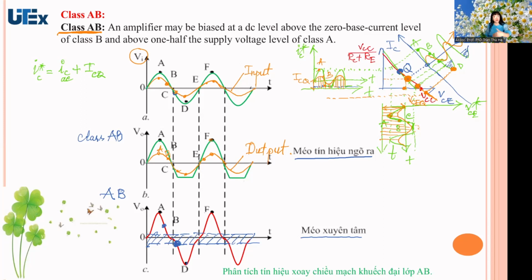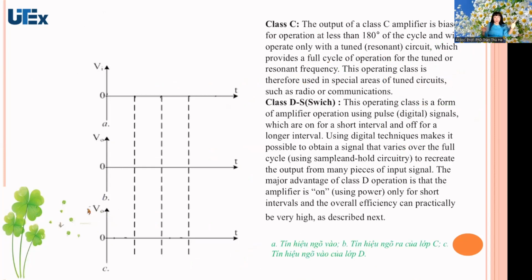We can use this, our amplifier, in the case of the class A, in the case of the class A, B. Listen very carefully. That's why in your mind, we have the A class, AB class, and the class C. The output of class C amplifier is biased operation less than 180 of the circle.